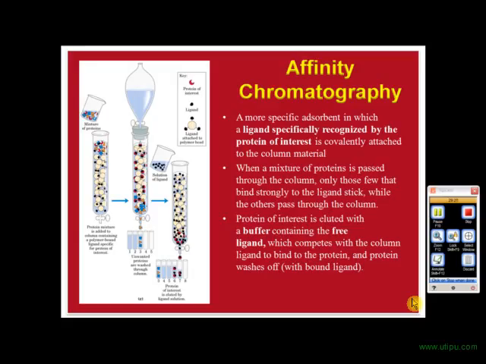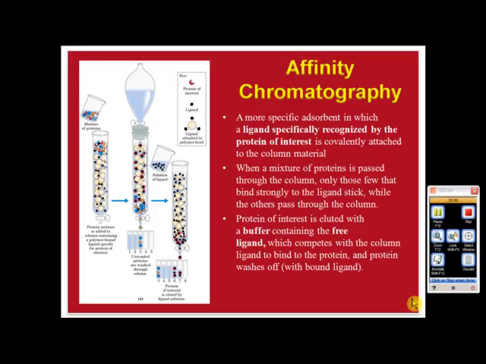By using affinity chromatography. Example, I am telling you. In affinity chromatography, they prepare a resin coated with nickel, the metal nickel ions. To these nickel ions, only the histidine proteins will bind, the proteins which contain more histidine, and all others are eluted out.